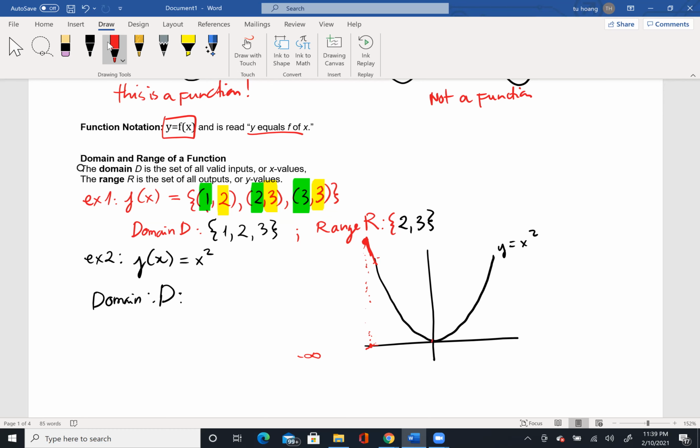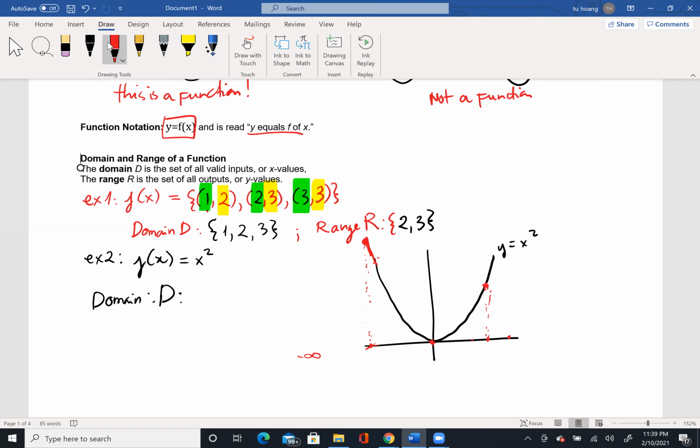And if I come to 0 here, there's also a point on the graph when x equals 0. That's a valid one, right? And keep moving to the positive side, you can also see there's a value of x.